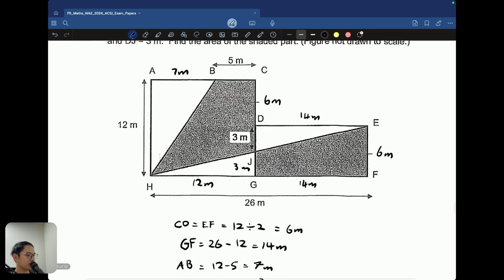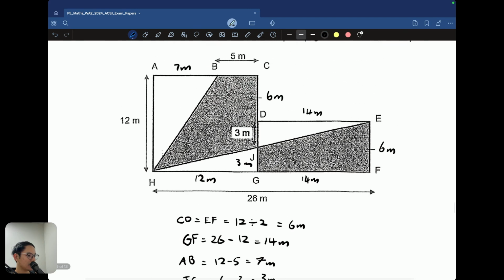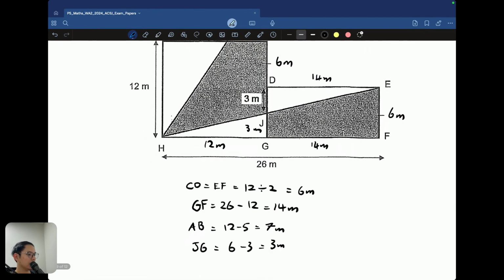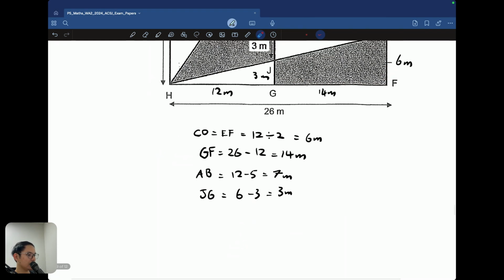All right, so now we know almost all of the sides that we need. The next part is to just get the whole. Let's do one by one first, right? Let's do the easier one. Let's do the rectangle. So basically, we just need to get the area of the rectangle minus the triangle over here. So let's do that first. So shaded rectangle is equal to basically 14 times 6.